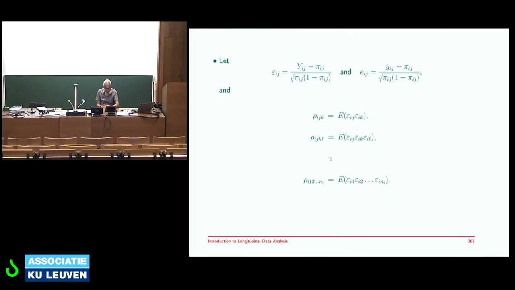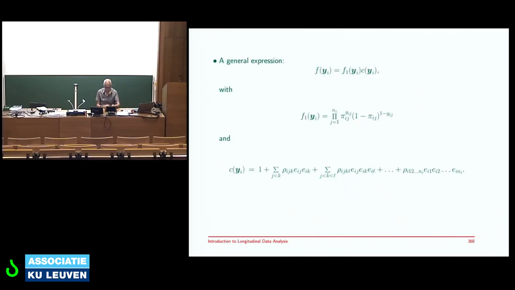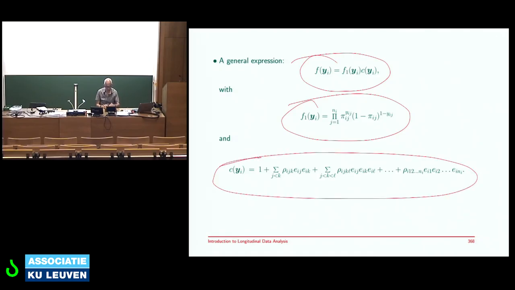Well, the model is actually not so very difficult. We can say it's just a product of 2 factors. The first factor being nothing but logistic contributions, or binomial contributions, or Bernoulli contributions, if you want to call it that way, pi to the power success times 1 minus pi to the power failure. And then you have a correlation function.